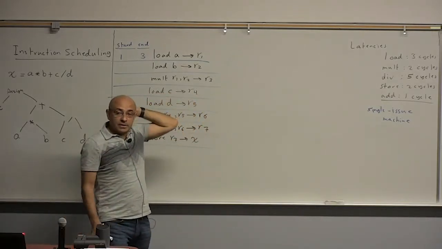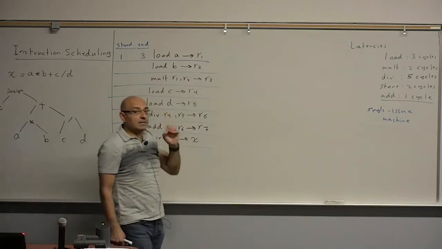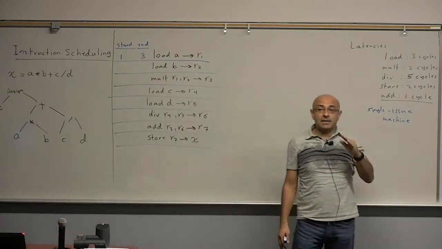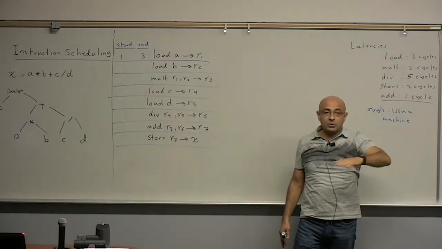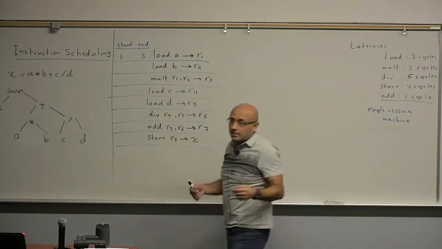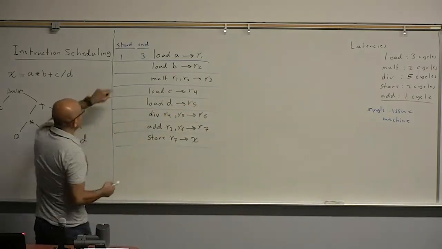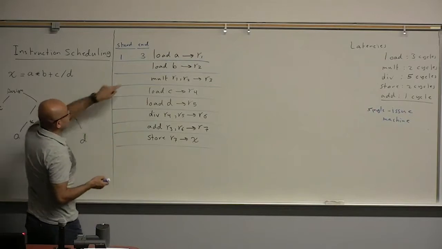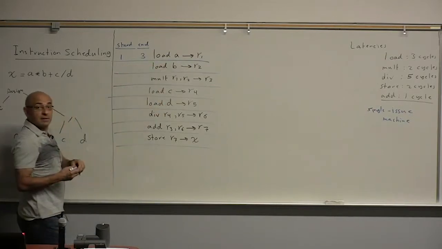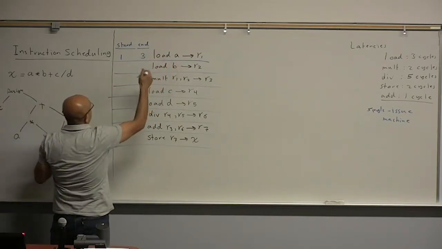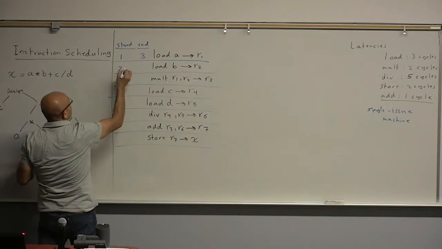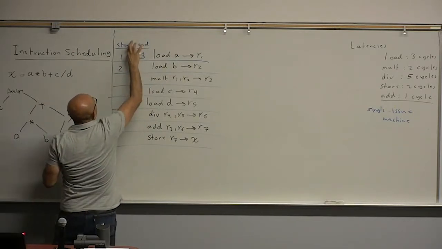Exactly. That's the point. So as long as we have an independent instruction, an instruction that does not depend on the instruction that is currently executing in the pipeline, we can start a new instruction. So here, with this load, is it dependent or independent? It's independent. It doesn't depend on this. So we can start it.